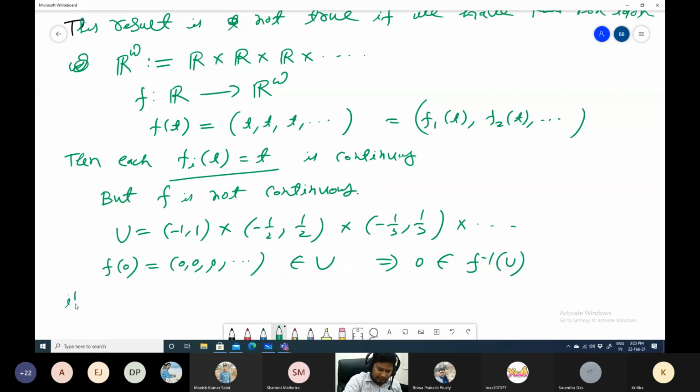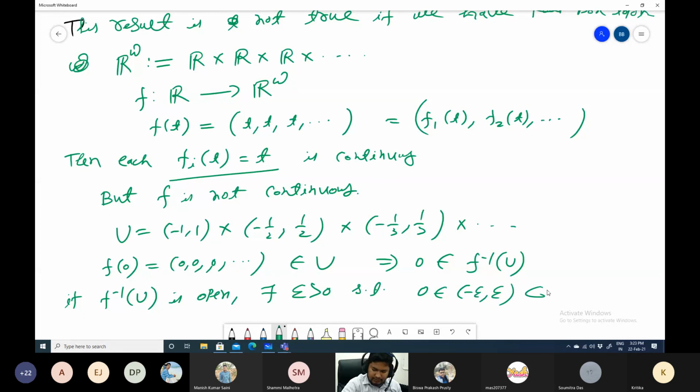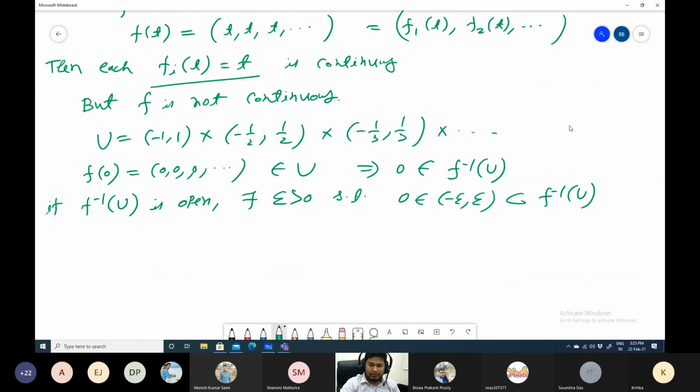Right? Now if f inverse U is open, there exists epsilon positive such that 0 belongs to minus epsilon comma epsilon subset of f inverse U, which is the definition of open set.